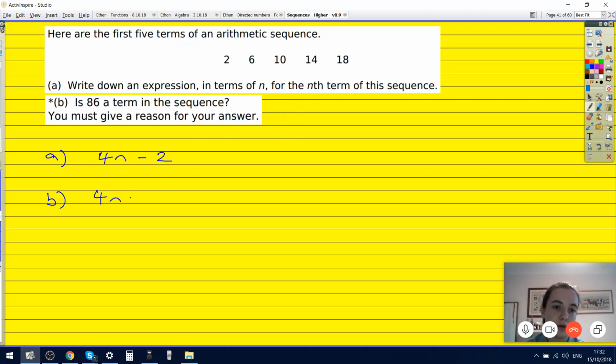Well done. So then what's it give you? 88 divided by 4, which is 22. And so, is it in the sequence? Yes. It's term 22. So if we were to continue these numbers, it'd be the 22nd across.